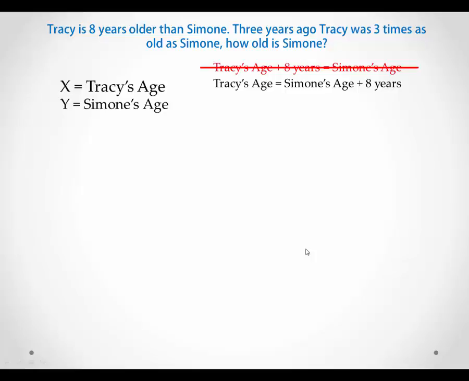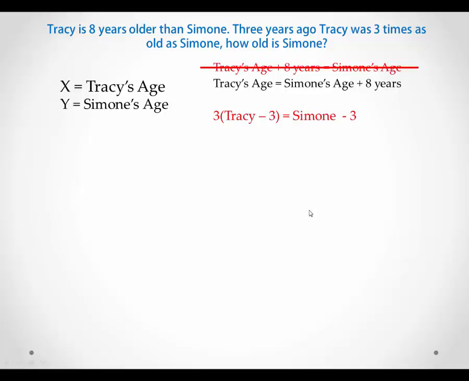Anyway, let's continue. The second part of the problem says 3 years ago, Tracy was 3 times as old as Simone. We would have an equation like this: 3 times Tracy minus 3 years is equal to Simone minus 3 years.